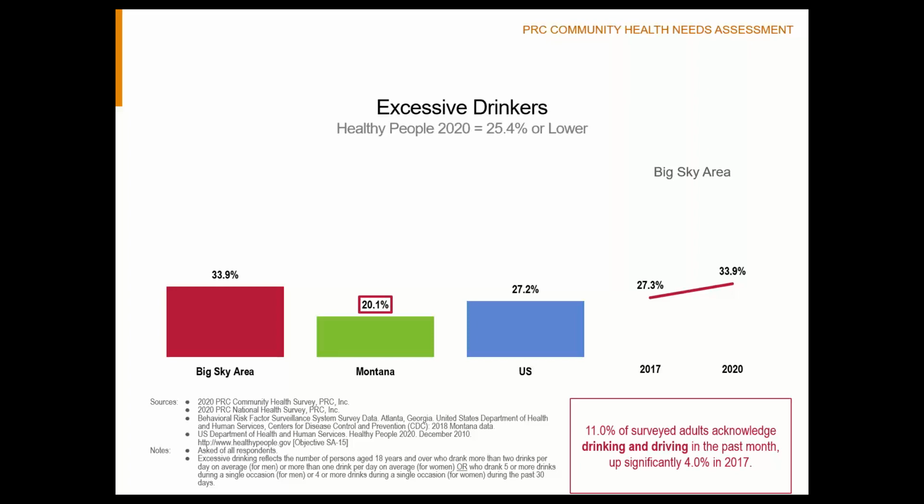However, another area that we saw an increase was the number of adults acknowledging drinking and driving in the past month, up from 4% in 2017 to 11%. And this is respondents admitting to drinking and driving in the past month. And this is clearly an area where we'd expect to be slightly underreported.